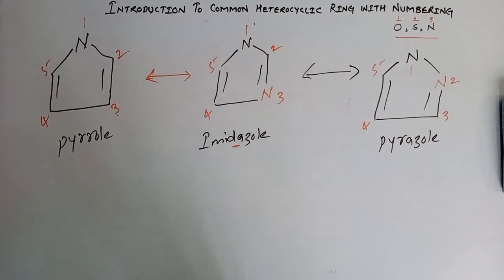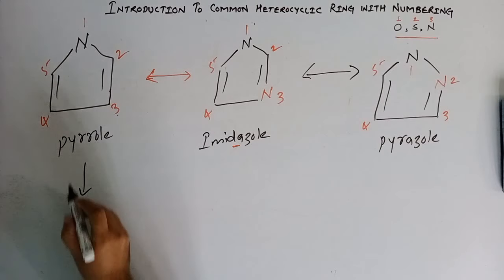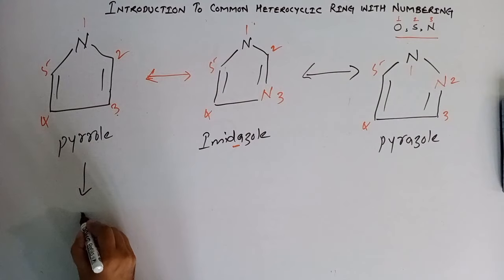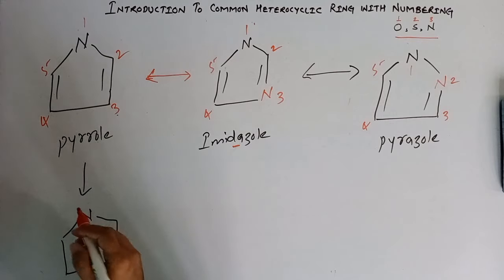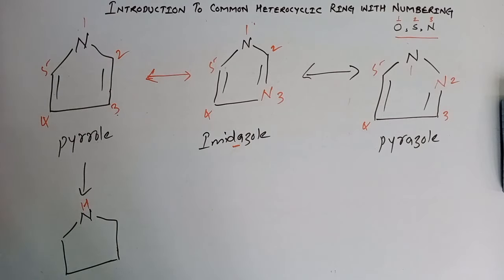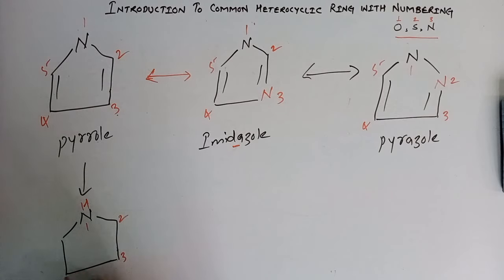These are all unsaturated. Now the saturated nucleus of all these rings. First one, pyrrole. This is known by the name pyrrolidine, and it has the numbering like this: 1, 2, 3, 4 and 5.